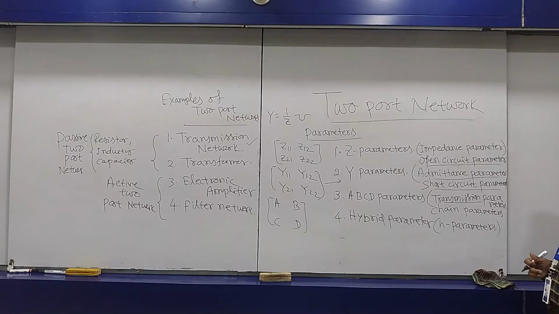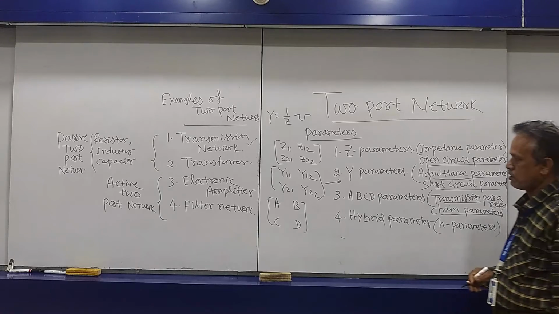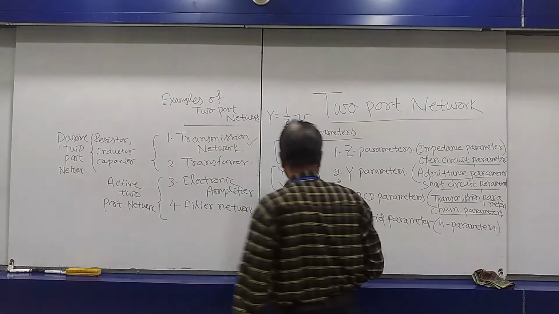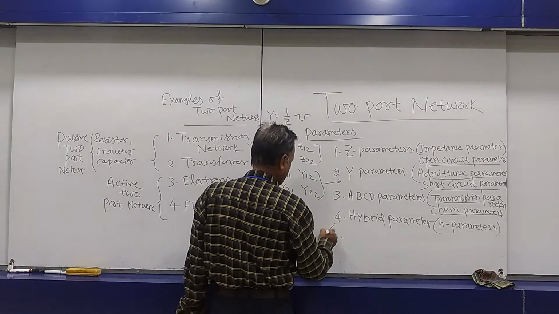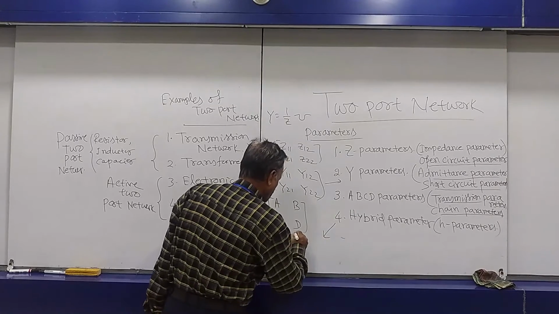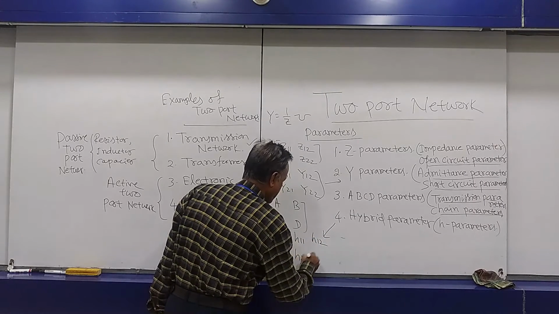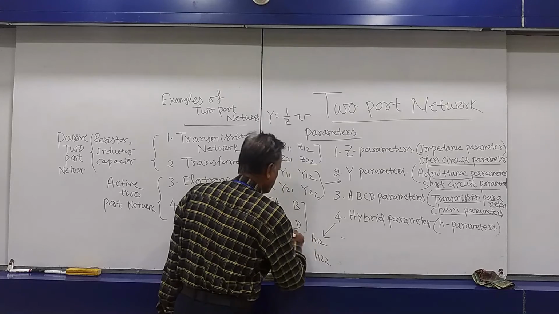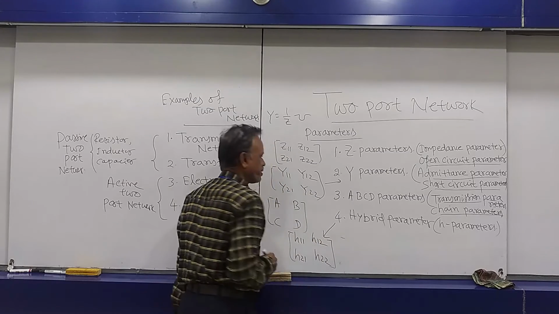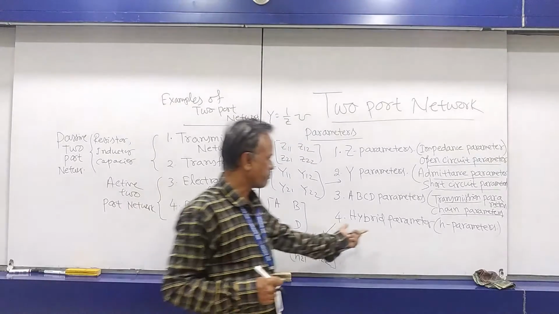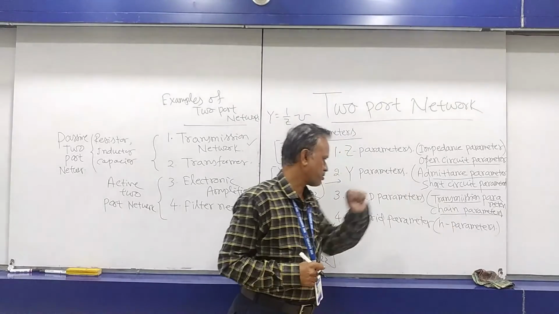It is also known as chain parameters. Now the last one is hybrid parameters. It is also written as H11, H12, H21 and H22. In this way it is written, and this is hybrid parameters or H parameters.